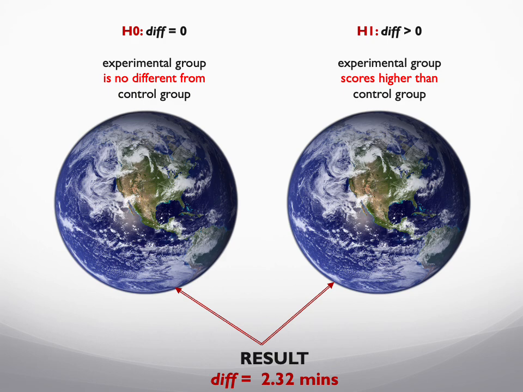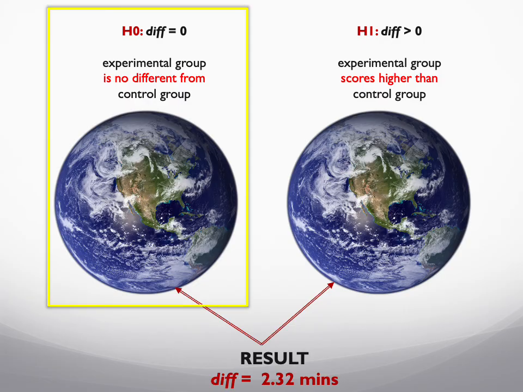And I want to know, what does this tell me about which world I live in? What evidence do I have for living in the world of the null hypothesis or the world of the research hypothesis? Once again, the null hypothesis significance test is going to look at this null hypothesis. It's going to look at my result and tell me, what is the probability you live in that world of the null hypothesis given the study that you conducted, given the evidence you've collected?